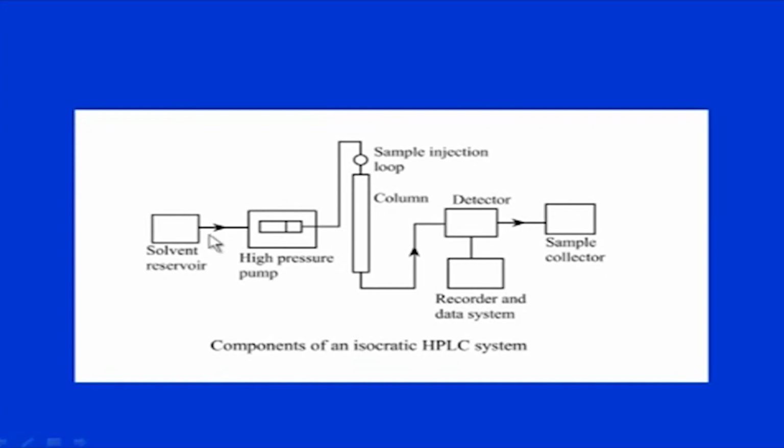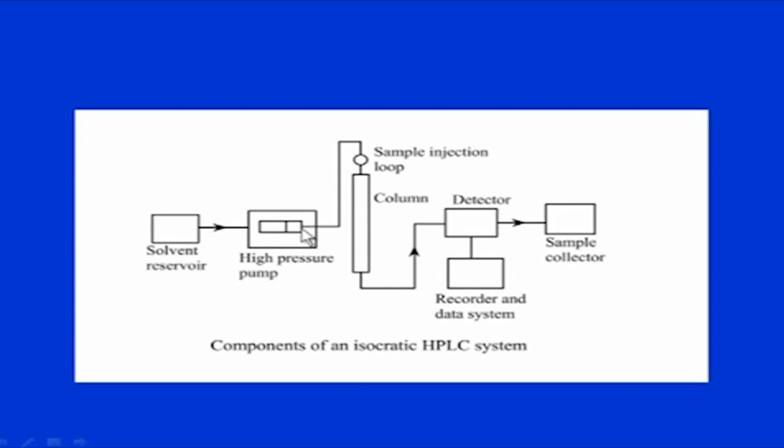A very simple schematic of the different components of an isocratic HPLC system: if you see, what you have is an eluent or solvent reservoir, then there is a high pressure pump. We will discuss how these are different from a simple peristaltic pump.